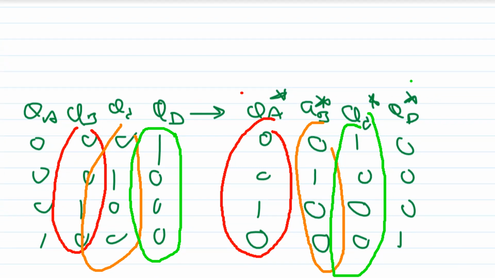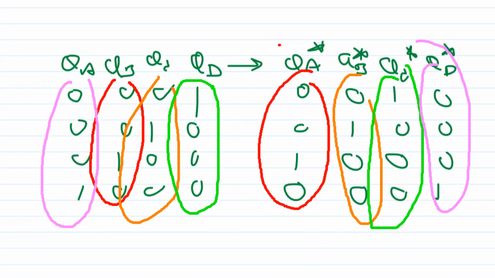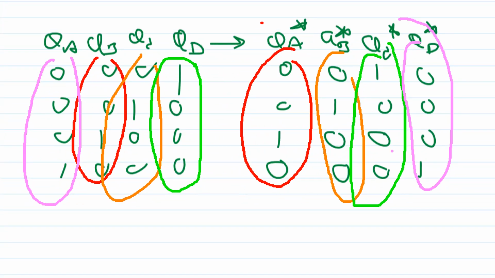So the problem is QD star. Oh, QD star is the same as QA. So now you can write the transition equation like this. QA star is the same as QB, right?